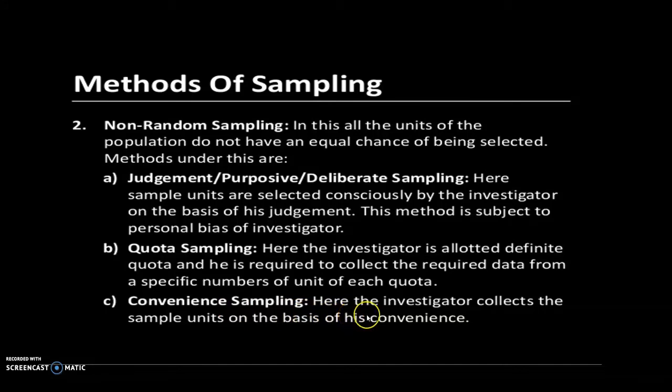Here, the investigator collects the sample units on the basis of his convenience. So these are the three methods of non-random sampling: judgment or purposive or deliberate sampling, quota sampling, and convenience sampling. So these are the two methods of sampling: random sampling and non-random sampling.